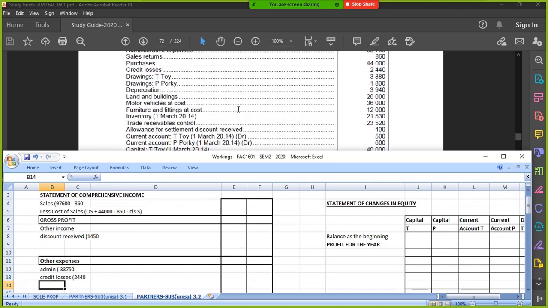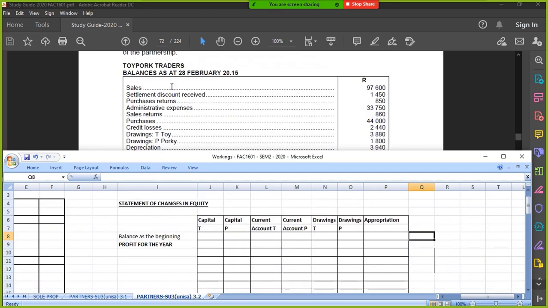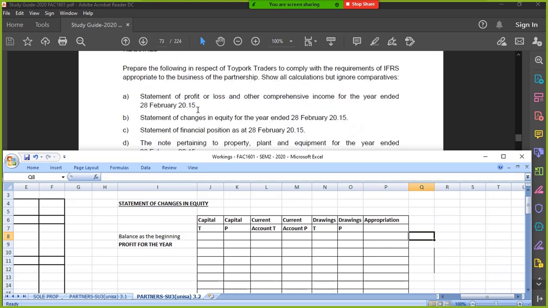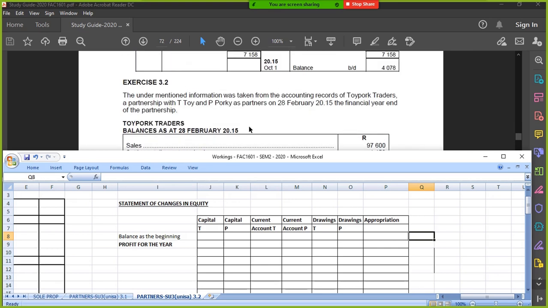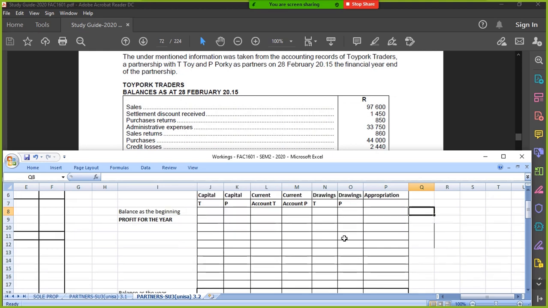Okay, let's carry on. Drawings. Okay, drawings go here. What was this? This was for balances at February 15. Disclosure is for what month? February 15. All right, so we can assume, based on what we have in the required and based on what we read here, these are balances before adjustments, but at year end.